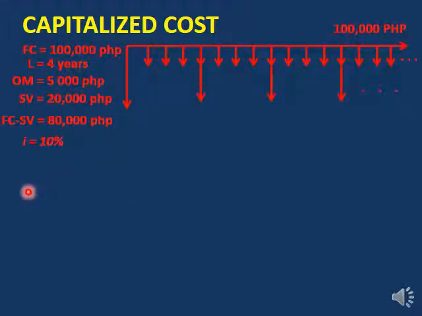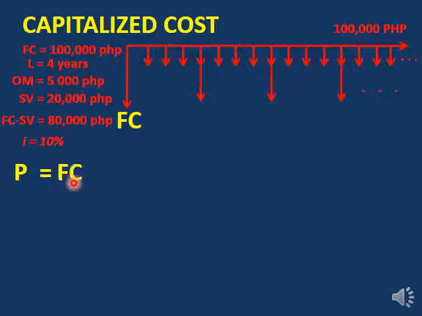Okay? So if we want to determine the present worth of all of this cash flow, we have this amount. The present worth, of course, first is the first cost. Here is the first cost, which is the principal or the present cost necessary to purchase the photocopier.